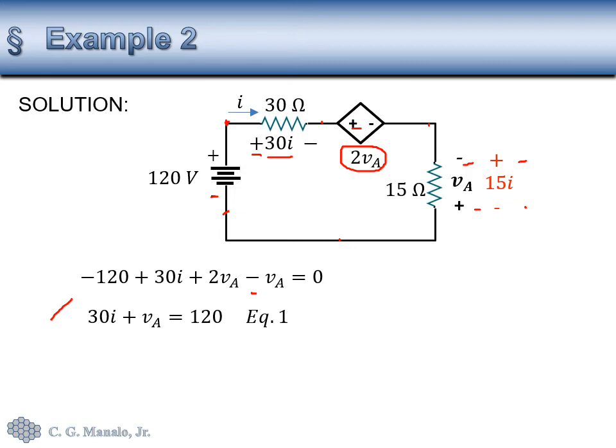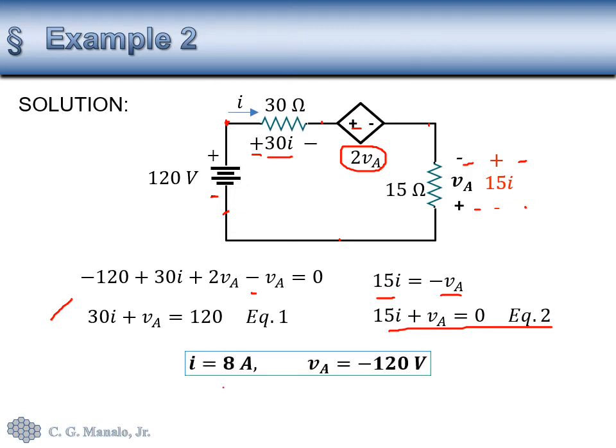And since the problem also labeled this voltage as VA, only that the polarity is in the opposite, we can say that 15I should be the negative of VA, and therefore we can form another equation out of that, and that would be our equation 2. So solving the two equations, that should give us I here and VA.